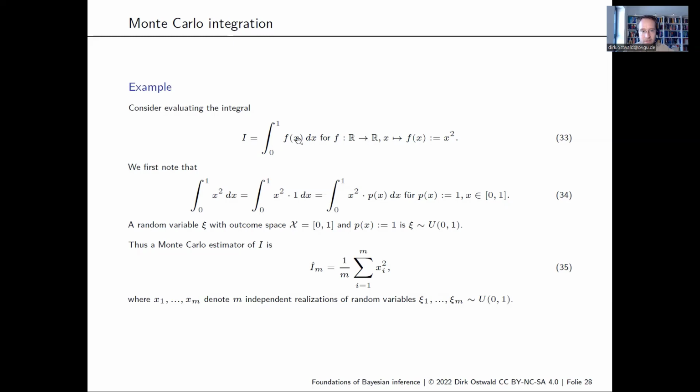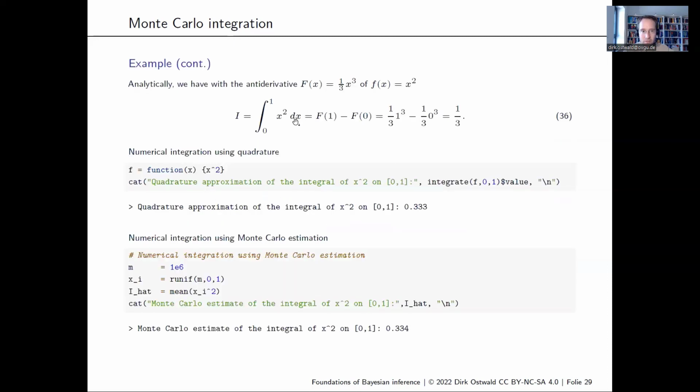So we want to integrate x squared from 0 to 1. Of course, we can integrate it using antiderivatives. We can form its antiderivative, which is 1/3 times x to the power of 3, because if you compute the derivative of that, you get x squared. So we can solve this definite integral in the standard school manner and get that it's 1/3.